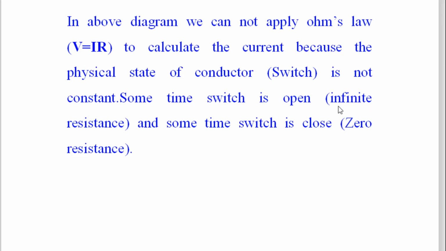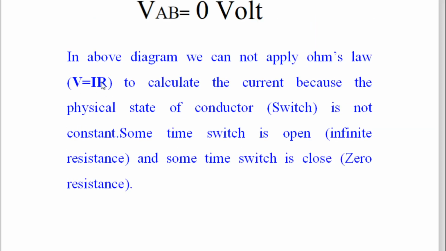Sometimes the switch is open, meaning infinite resistance, and sometimes closed, meaning zero resistance. Ohm's law is applied if and only if the physical state of the conductor remains the same, and therefore here Ohm's law is not applicable. And in this way, we'll stop here.